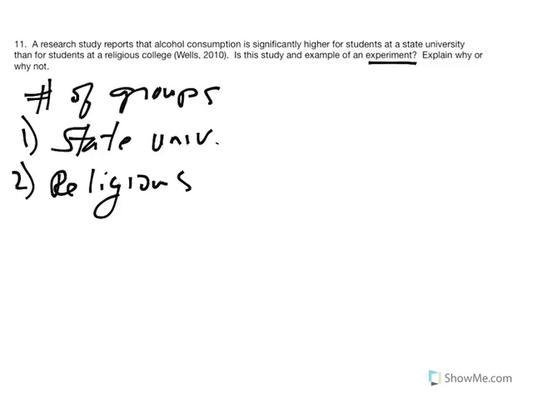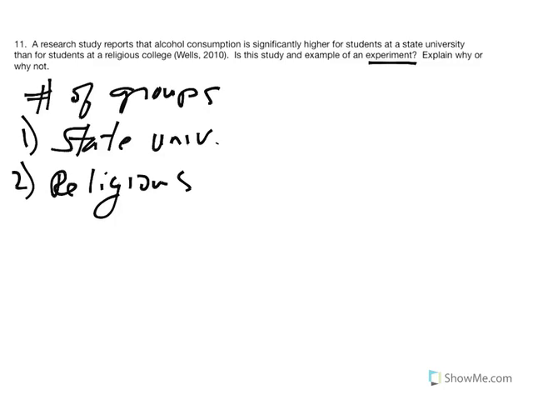So immediately we know this is not a correlational study, but now we need to determine, is this a true experiment or is it non-experimental? Again, the fact that we have two groups fits us into the category of experiment, but is it a true experiment? And the way to answer this is to ask ourselves, can I randomly assign individuals into these different categories? And the answer would be no, I can't send someone to the state university or the religious university. We're just going to each of these campuses and collecting data.